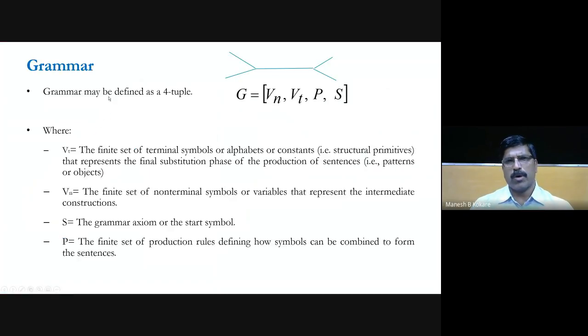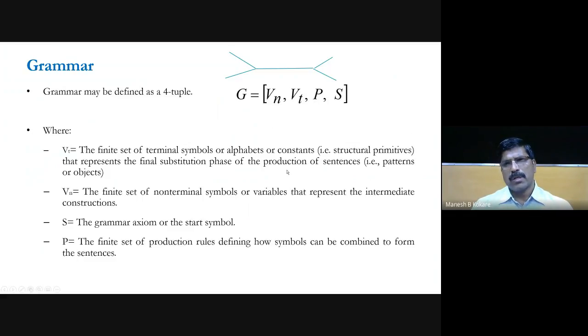Yesterday we talked about the grammar and language and so on. You know that the grammar is defined as a four-tuple. Vn is the finite set of non-terminal symbols or variables that represent the intermediate construction. Vt is the set of terminal symbols, also called the structural primitives.